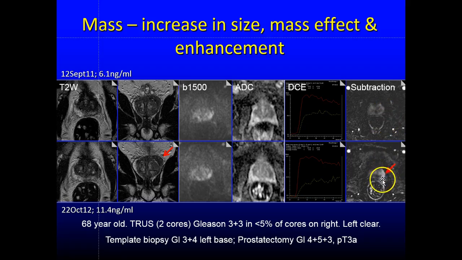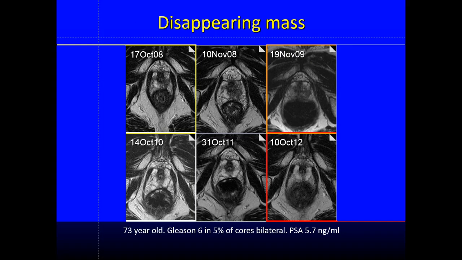There is a dramatic change in contrast enhancement. This should prompt a re-evaluation of risk, and he underwent a template biopsy which showed a 3+4 cancer, underwent prostatectomy, and to our surprise he had a 4+5+3, and he had a T3A cancer. A complete surprise.